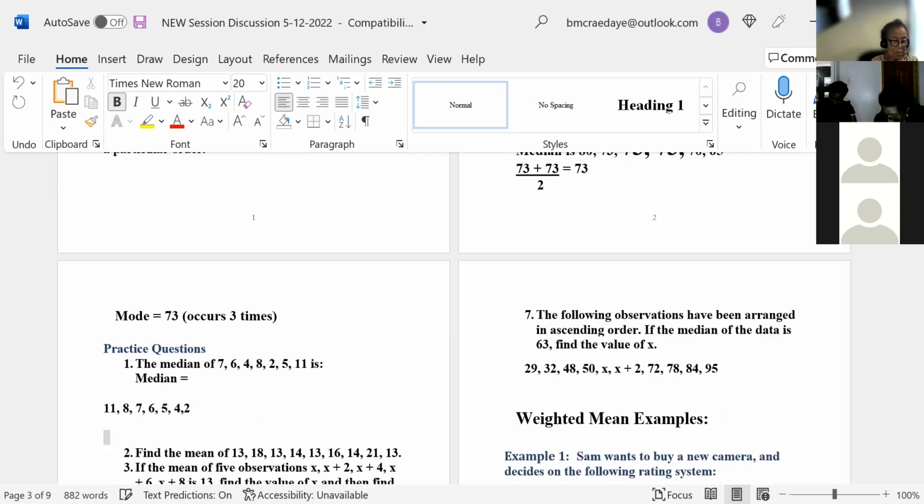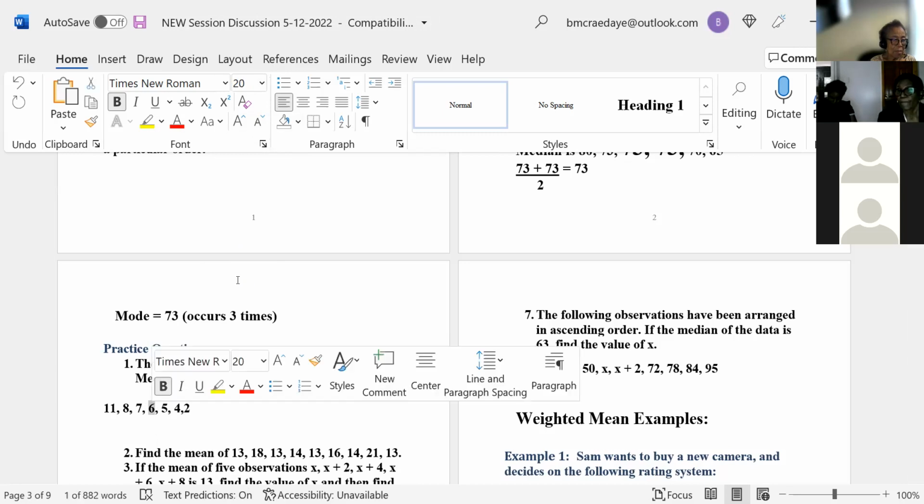Which one's in the middle, Maureen? 6. There we go, right there. 6 is in the middle because this is an odd number of items. There's only one number in the middle. There's the number in the middle, right there.